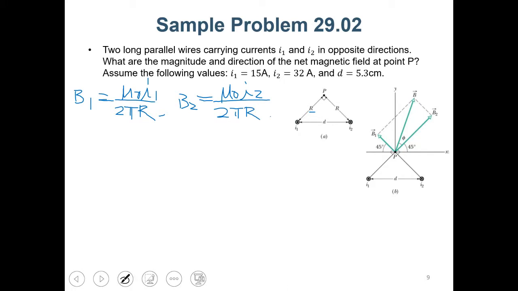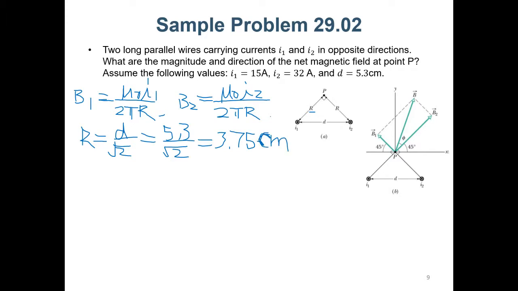And actually, r should be equal to D over square root of 2, which is something like 5.3 over square root of 2 equals 3.75 cm. So we want to calculate the magnitude of B, which is from B1 and B2, and they are perpendicular to each other.